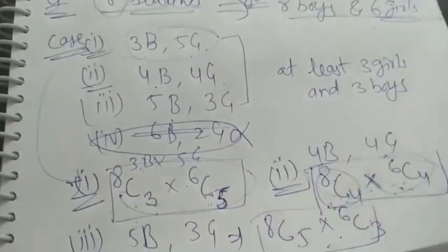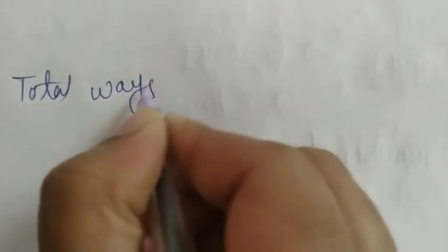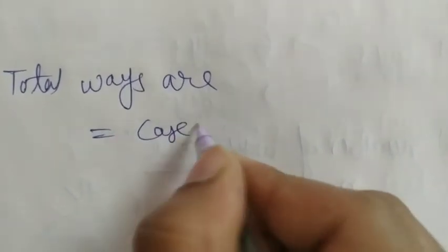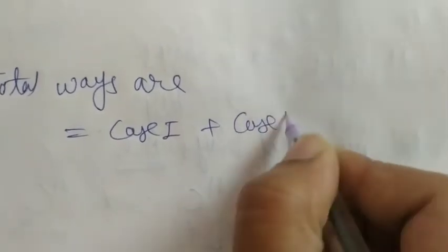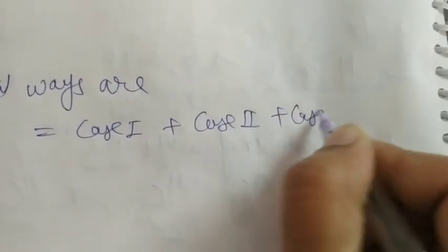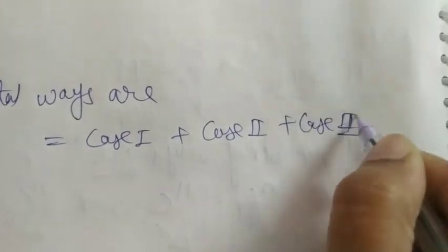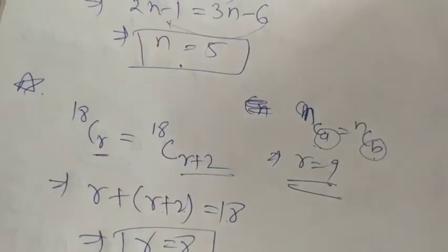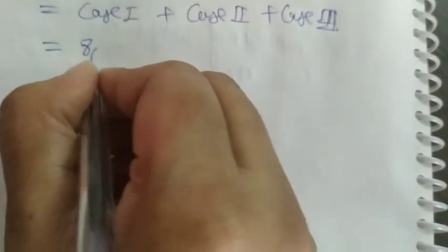So the total ways are case first plus case second plus case third, because the three cases cannot happen together. From the first case, I have 8C3 and 6C5.